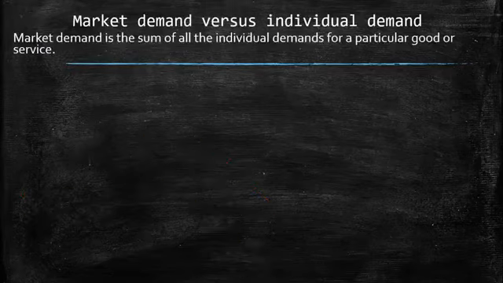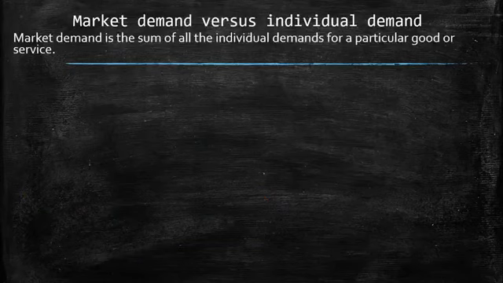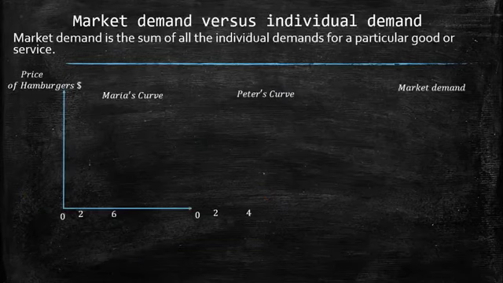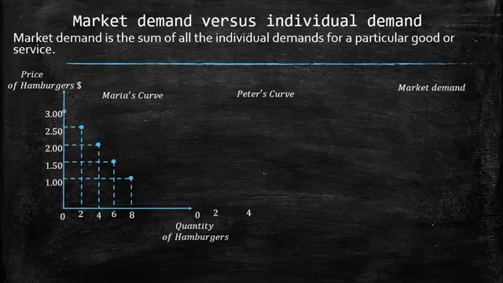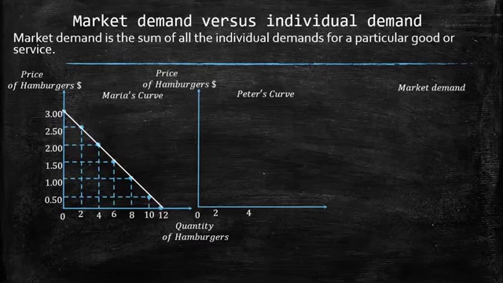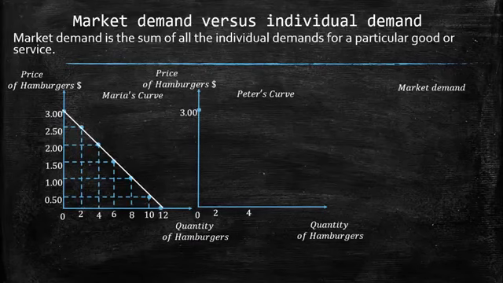So in this case, we're talking about the market demand. Remember Maria's curve: we have here the price and the quantity of Maria. Remember that we already did it, which is this one. And now imagine there is another case, whose name is Peter.